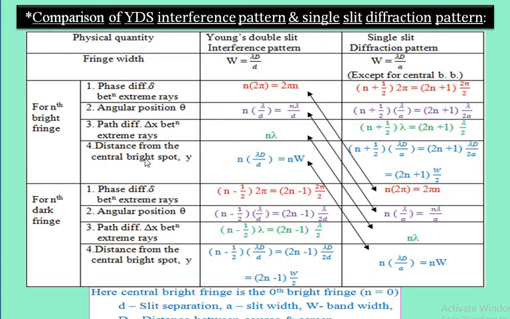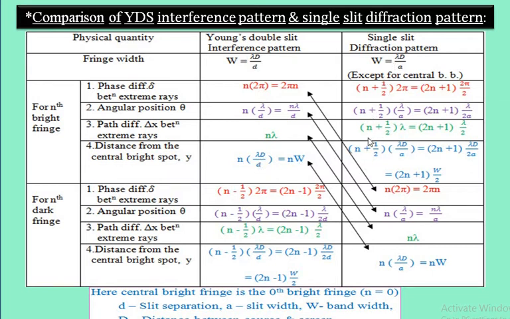And the distance from the central bright spot, that is y. In case of interference pattern, the formula given here is n in bracket lambda D divided by small d, which is equal to n into W. W is the fringe width, that is, the value of lambda D divided by small d is called the fringe width.